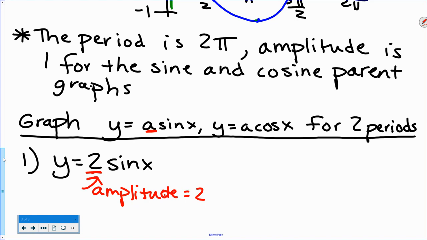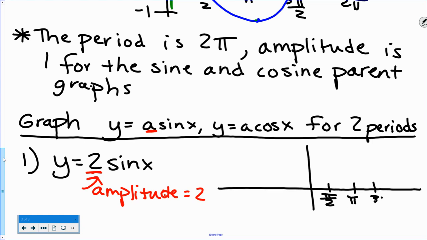Okay, so when I go to graph this, since I want 2 periods, I'm going to graph that pi over 2, pi, 3 pi over 2, 2 pi, and I'm going to do the reverse on the other side. So negative pi over 2, negative pi, negative 3 pi over 2, and negative 2 pi. Okay, just like we did on the parent functions, but it's asking for 2 of them.